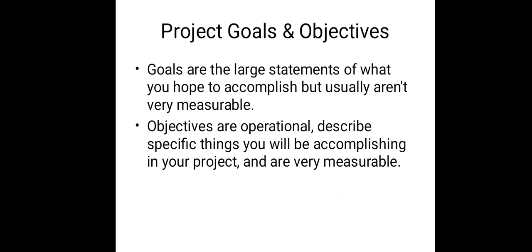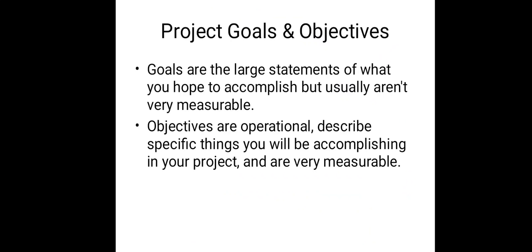Next section, we have to write about project goals and objectives. Again, as I have told you earlier, there is a slight difference between goals and objectives. Goals are the large statements of what you hope to accomplish, but usually they are not very measurable. They are broader in the sense and their scope is large.